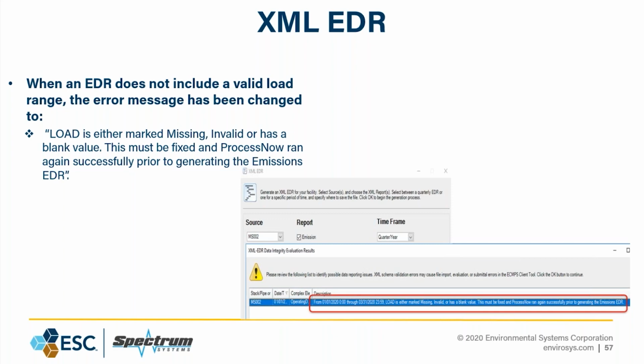This was a common issue that could happen when load is either missing, invalid, or left blank, or even out of control. It would, in the past, just tell you date and time, not really telling you what the issue is. Now it is clearly stated and states what should be done before generating a new emissions EDR.